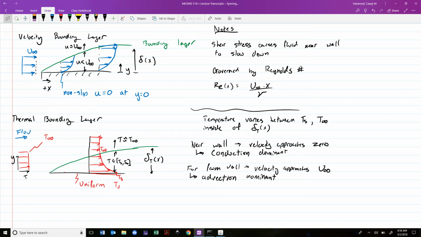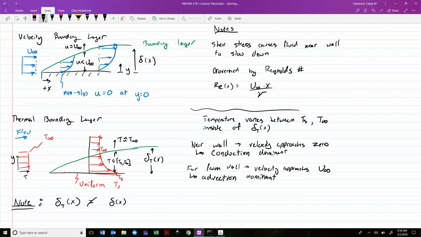The other thing I want to point out, and this is important that you note this, is that the thermal boundary layer thickness is not necessarily the same as the velocity boundary layer thickness. So these two should not be confused.